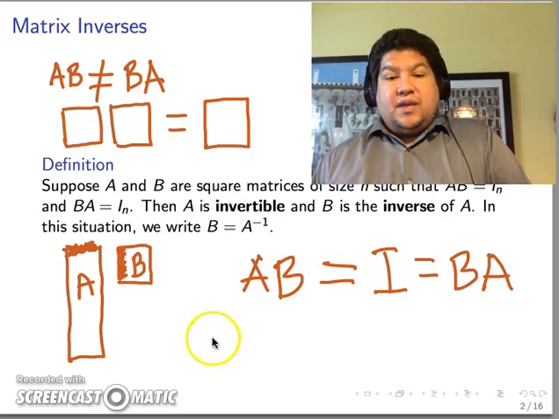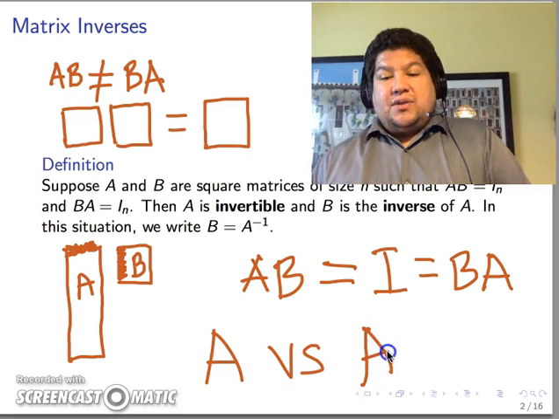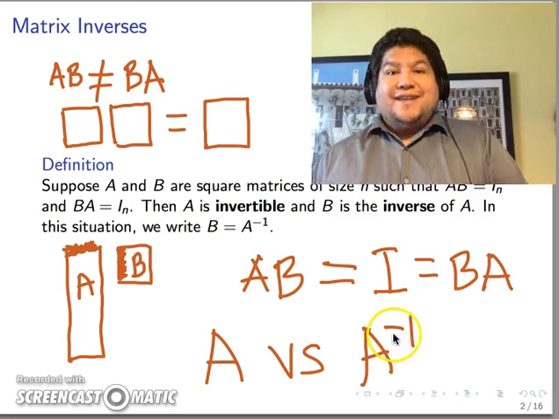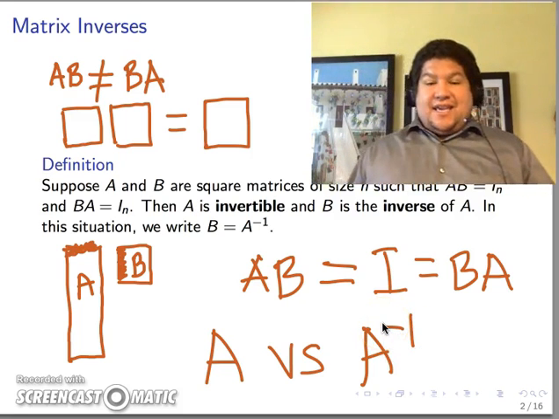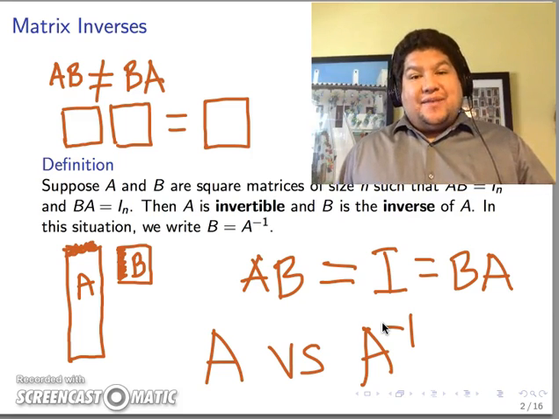This is a new symbol, A with an exponent of -1. This is read A inverse, or inverse of the matrix A.